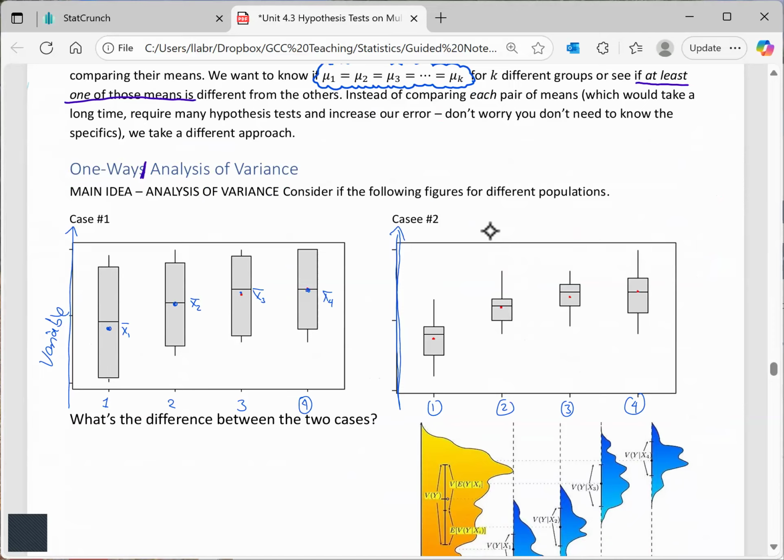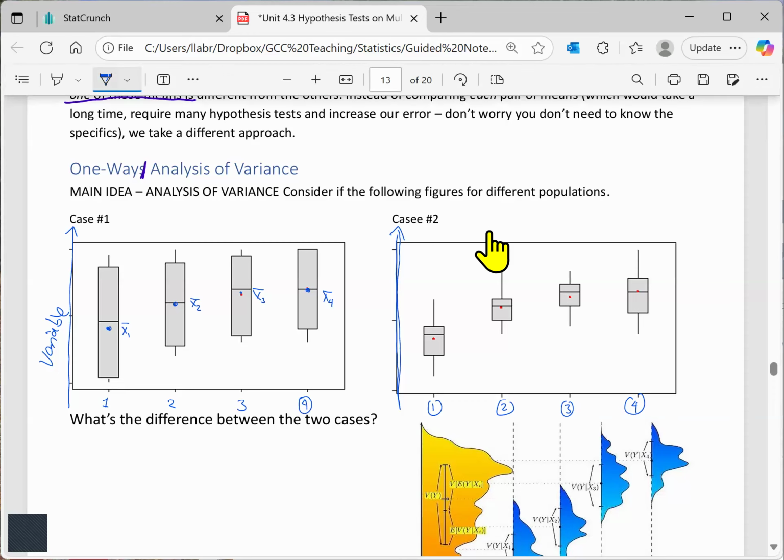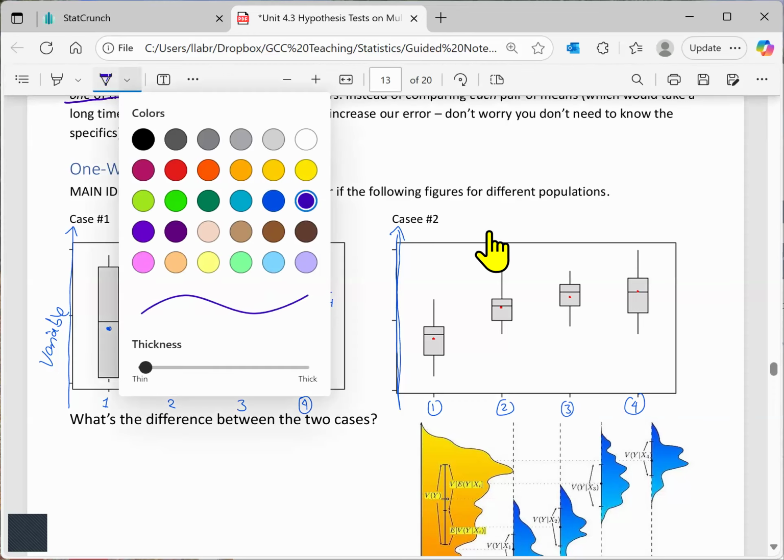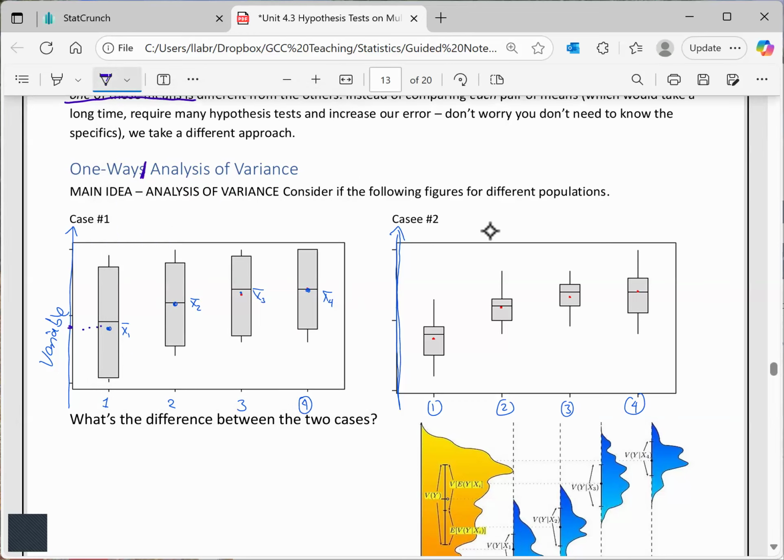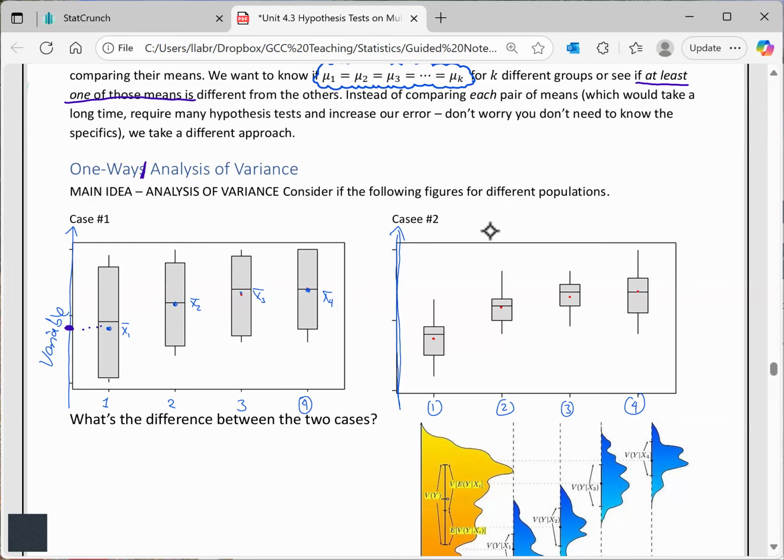What I want to do is compare those averages. Are they different? The answer is no, because the average for my first group is here, the second group is here, the third group is here, and the fourth group is right around the same thing.